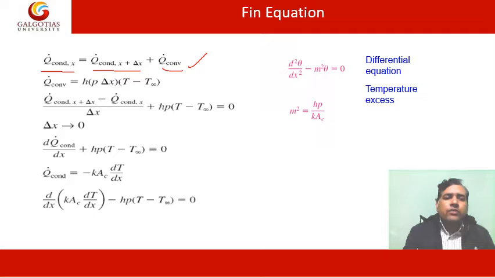Now the rate of heat convection, or you can say the heat leaving the surface by convection, will be given as h into area, P into delta x.